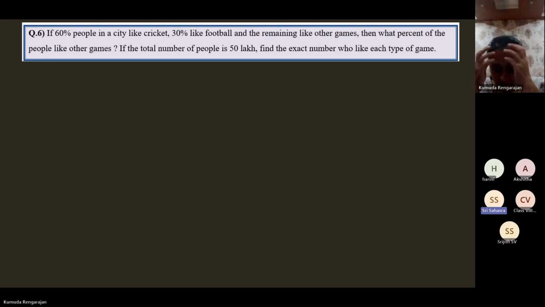That is the total number of people. Of the total number of people, 60% like cricket, 30% like football. So how many like other games? Only Sahasra should answer, not anybody else.